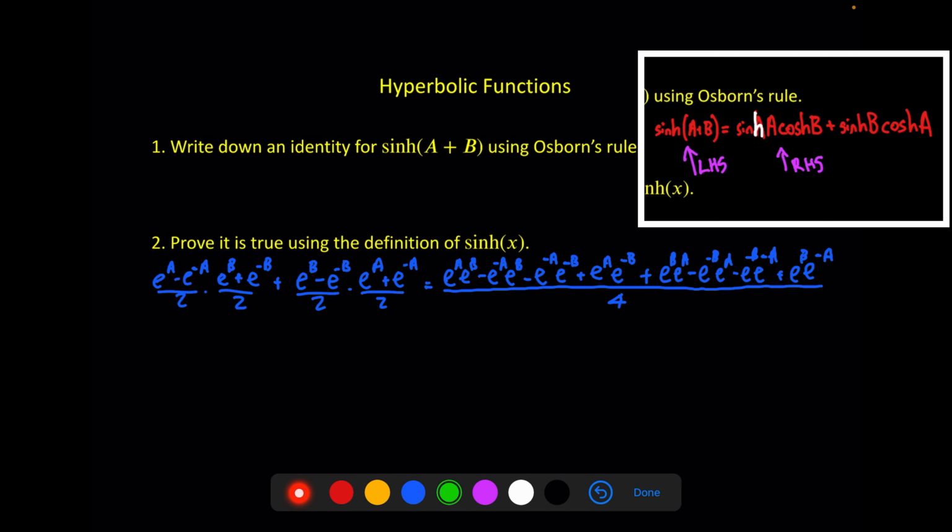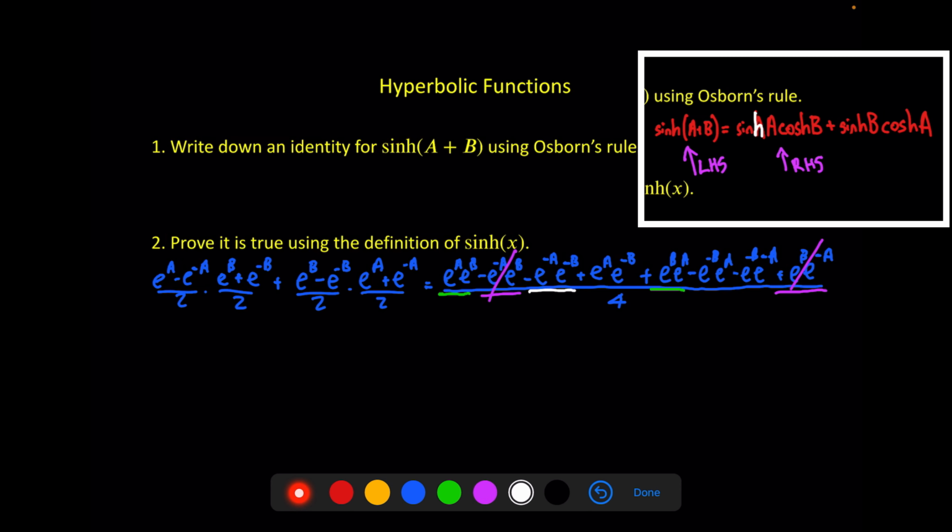Okay, it looks horrible, but a quick scan tells you that we can simplify some of these because we've got some terms coming up that are the same. So we've got e to the A, e to the B, which is the same as e to the B, e to the A. We've also got minus e to the minus A, e to the B, which cancels with e to the B, e to the minus A, because that's a positive.